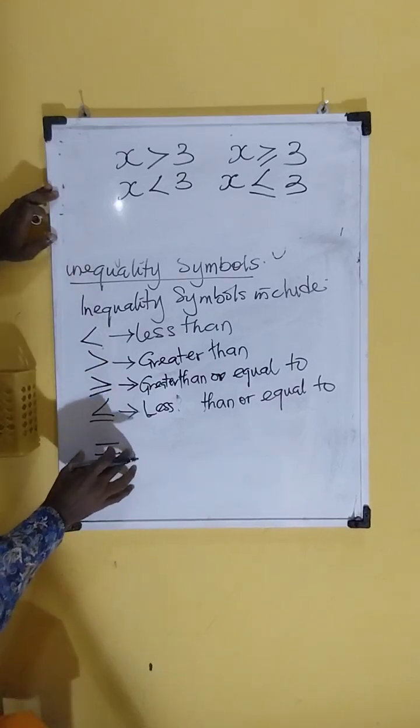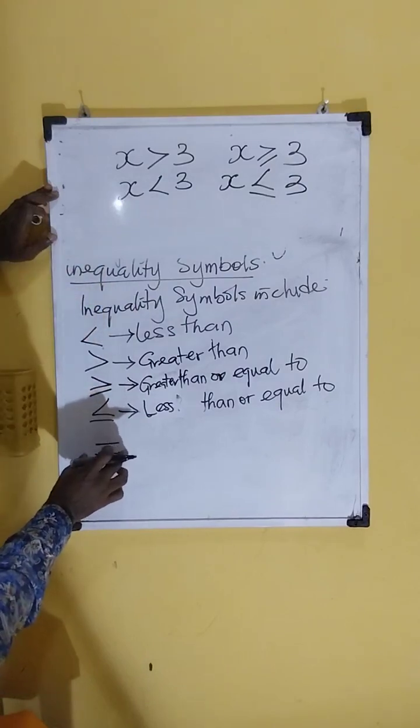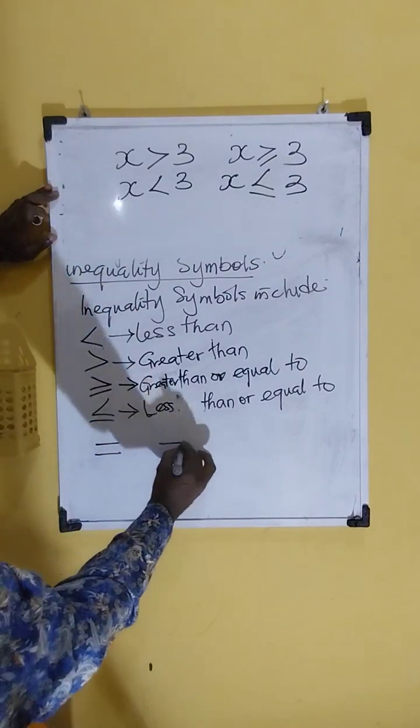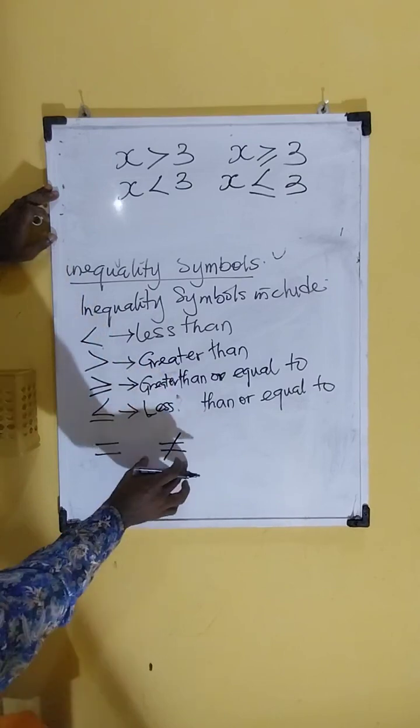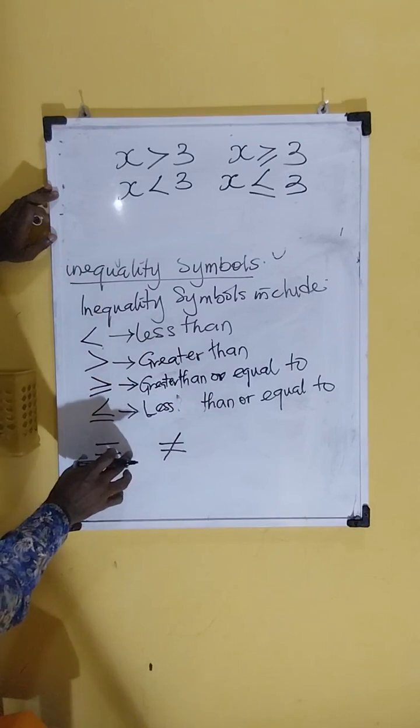Equal to is not among the inequality symbols because it is equal. And there is another symbol called not equal to. So this is an equality symbol.